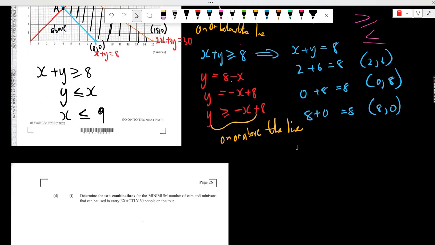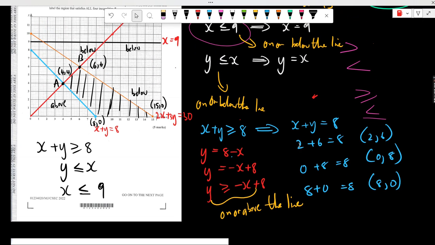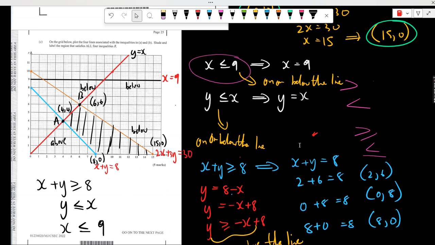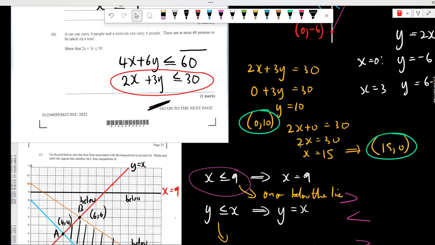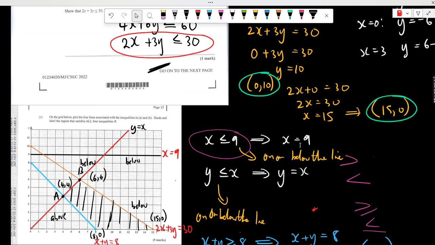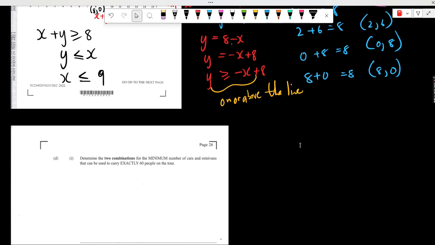So this says determine the two combinations for the minimum number of cars and minivans that can be used to carry exactly 60 people on the tour. Notice they say exactly 60 people.